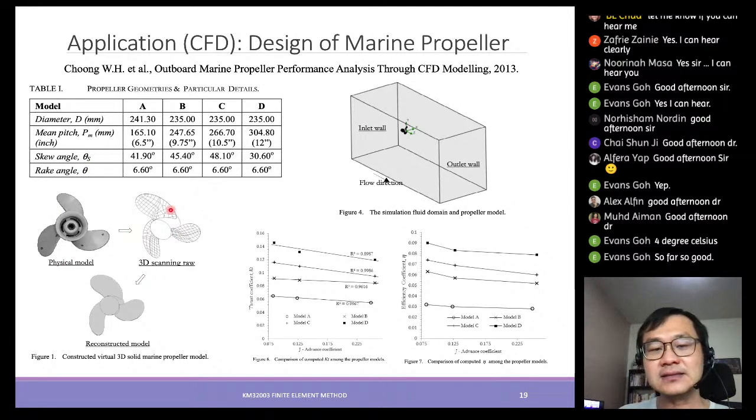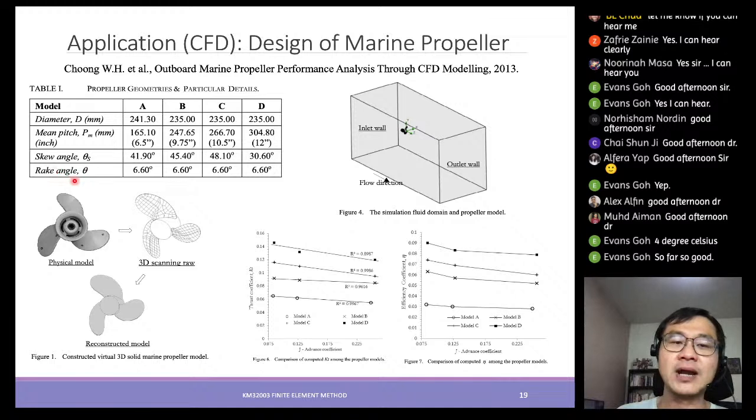He scans it, and from there he reconstructs the model, and from that he can start to see which one will give the best effect. So he may turn the pitch angle, the scale angle, the rake angle, different models of it. Then he will form a space which is large enough.